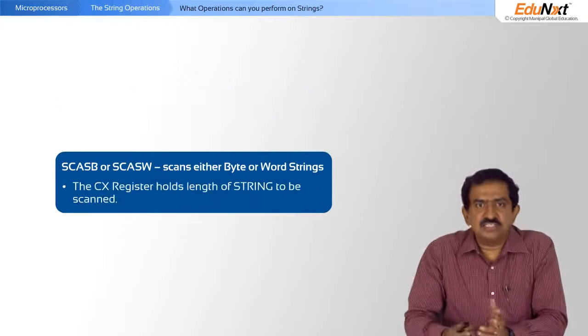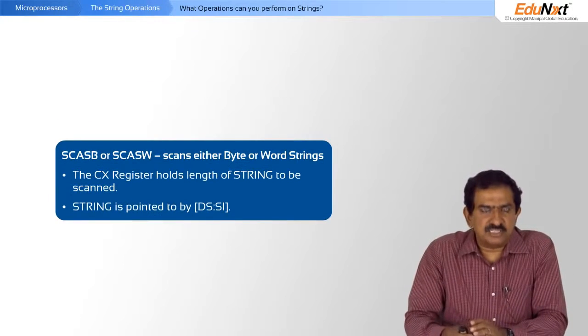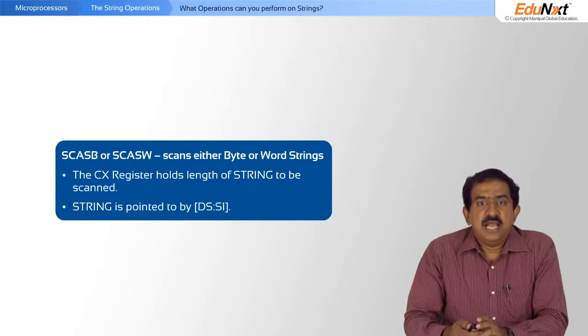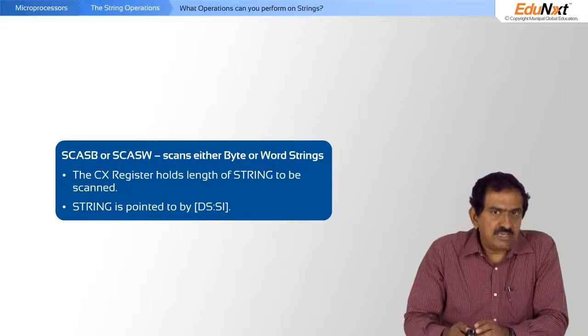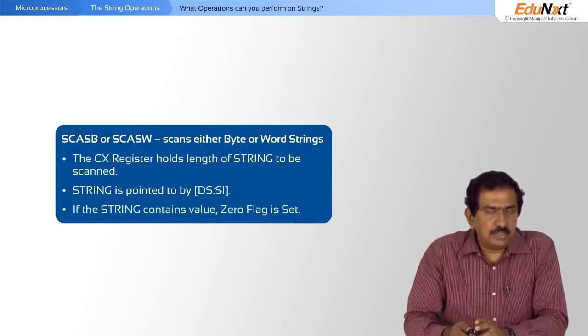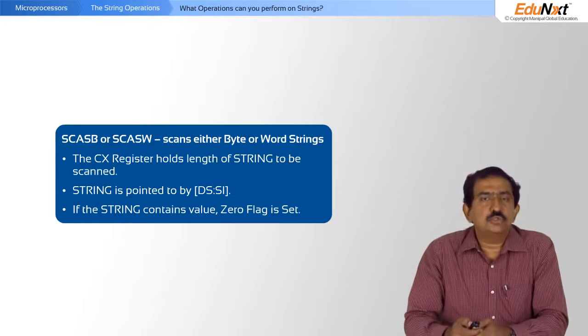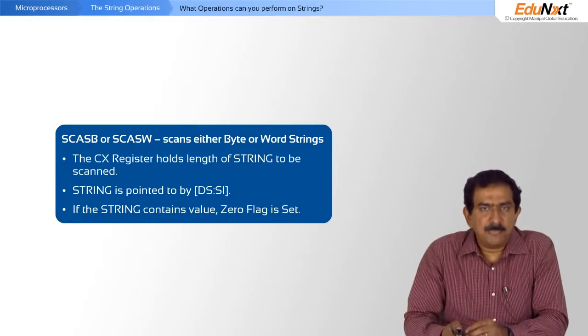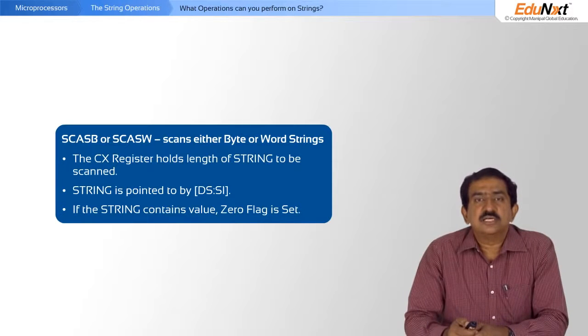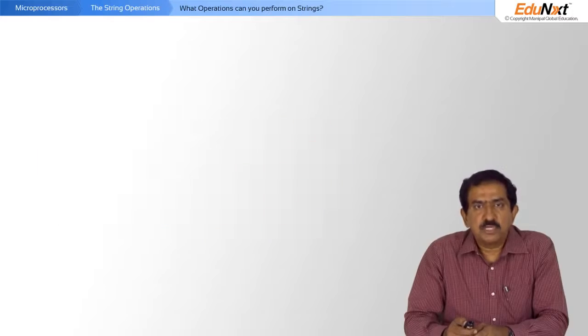Here too your CX register holds the length, and the string is pointed to by the data segment : SI. After you finish the scanning, if the string contains the value, the zero flag is set. So as a programmer, all you need to do is run this string instruction SCAS, check the zero flag, and you know whether the string contains the value you are looking for.